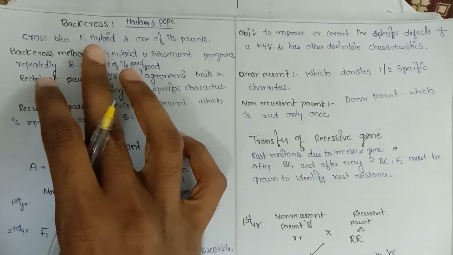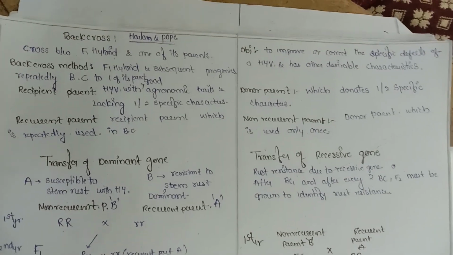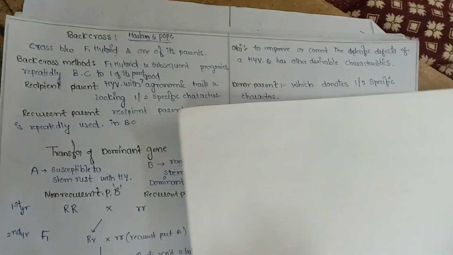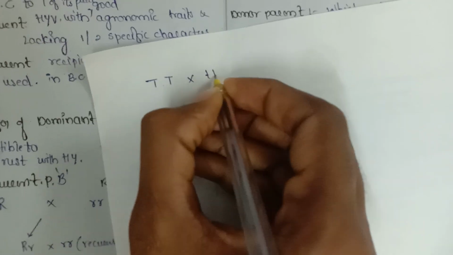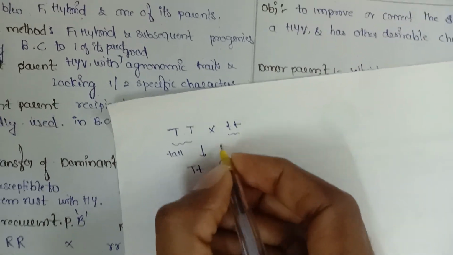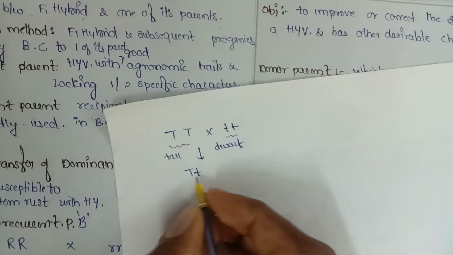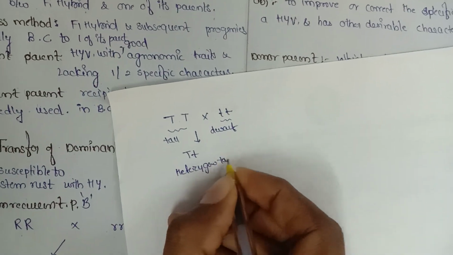First, let us know about the backcross. What is meant by backcross? Backcross means crossing of the F1 hybrid with any one of its parents. Let us take two parents, capital T and small t. This is the recessive parent and this is the dominant parent. So we get the heterozygous, tall, and this is dwarf, and we get heterozygous tall.